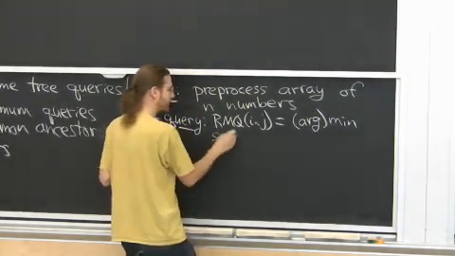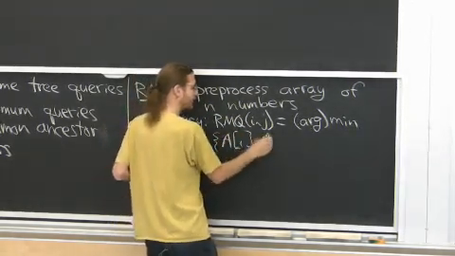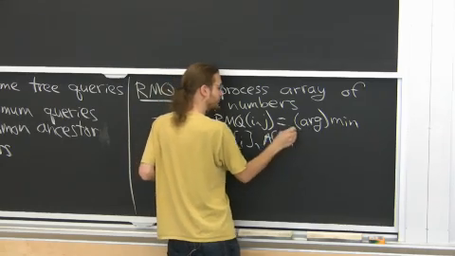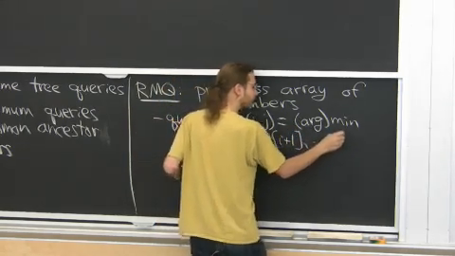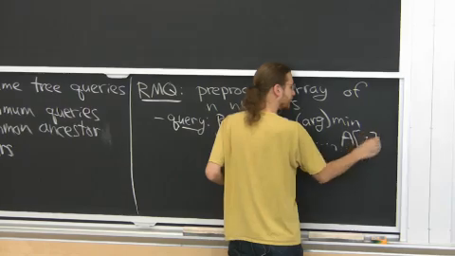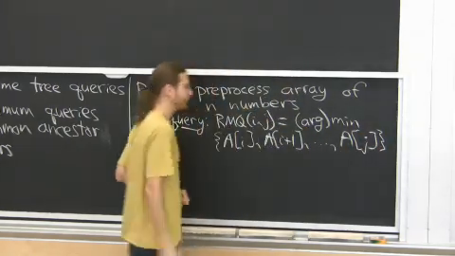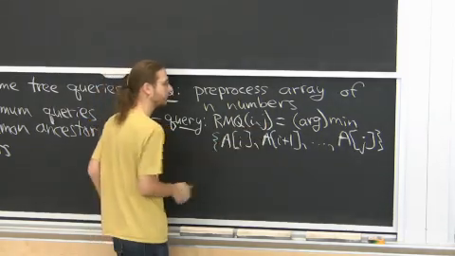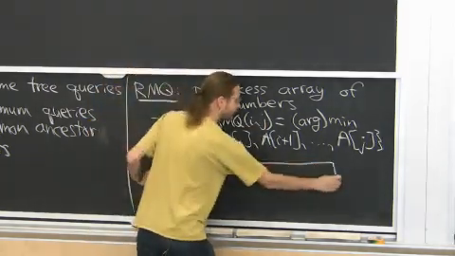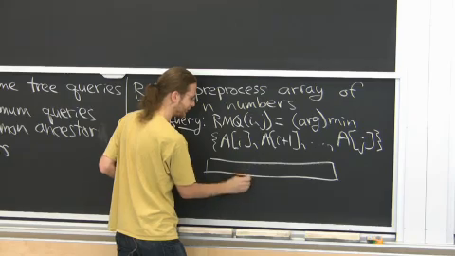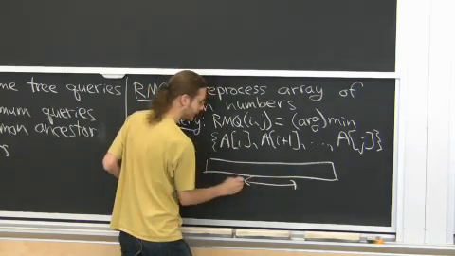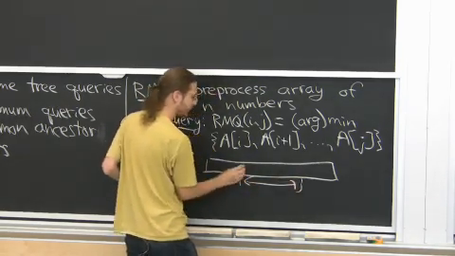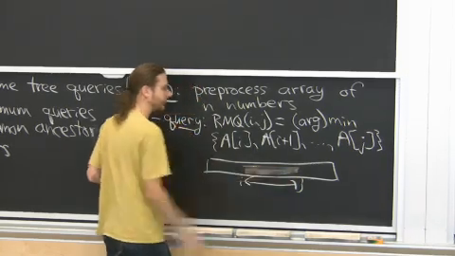So we have A_i up to A_j, and we want to compute the minimum in that range. So i and j form the query. I think it's pretty clear what this means. I give you an interval that I care about, i, j. I want to know in this range what's the smallest value.